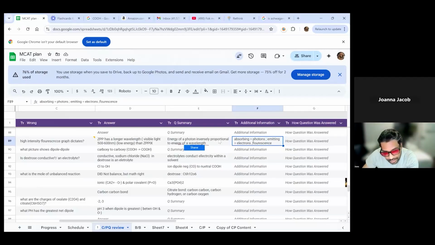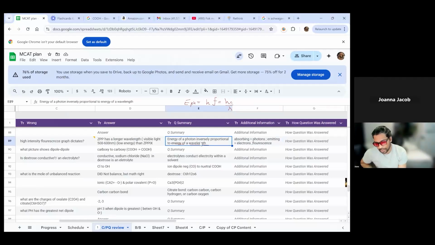The energy of a photon you can equate to Planck's constant times frequency or Planck's constant times the speed of light over wavelength. So they're all distinct things, right? The energy of a photon you could write as inversely proportional to the wavelength, but it can't be the energy of a wavelength. You know what I mean?